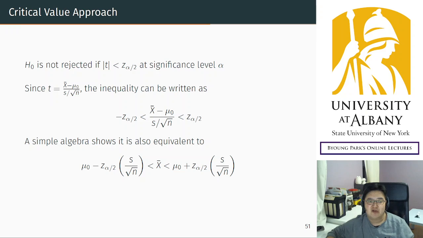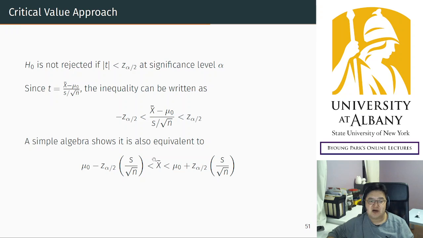Equivalently, you can rewrite the inequality like this, as we have done in the confidence interval chapter. Isolate x bar in the middle, multiply this term on both sides, and add mu 0 on both sides. In the end, this inequality is equivalent to this inequality.